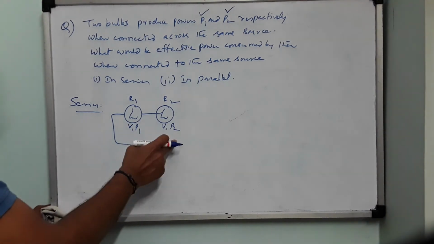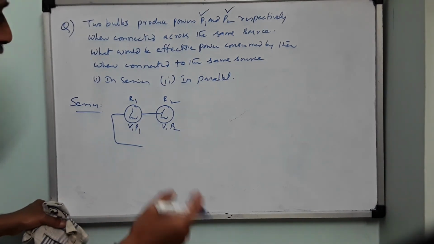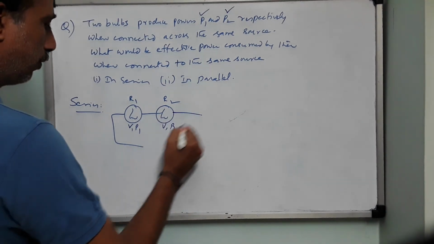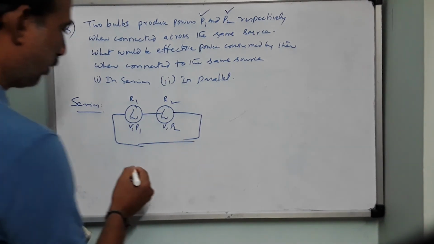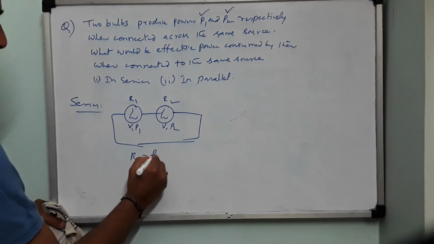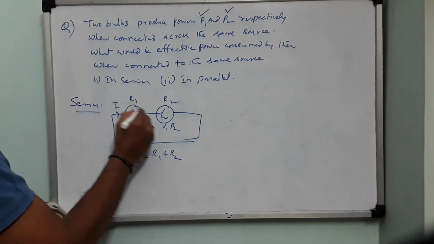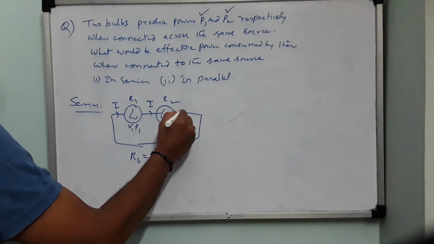It will be P1 plus P2, or P1 square plus P2 square, or something else that we are going to see now. As both of them are in series, you can use Rs equals R1 plus R2. Both of them will carry the same current I.